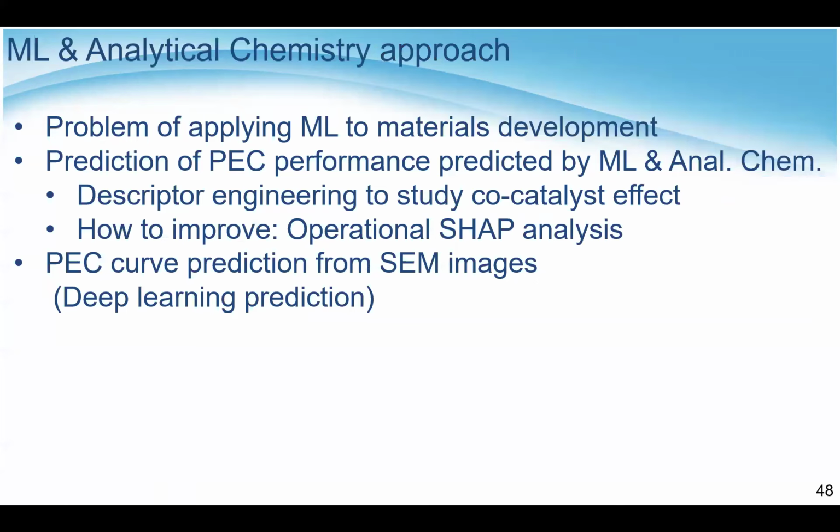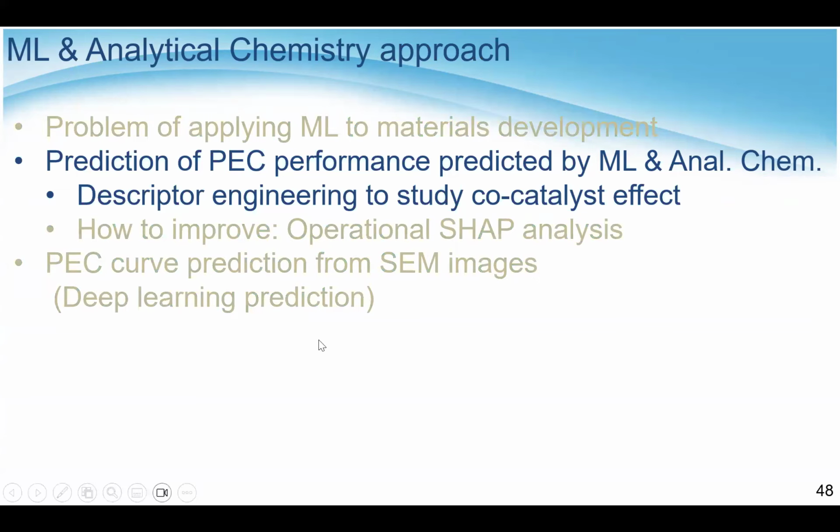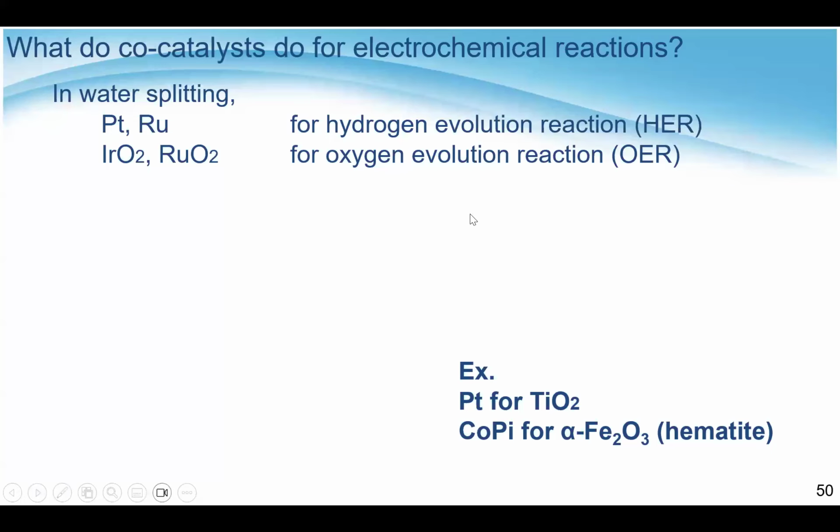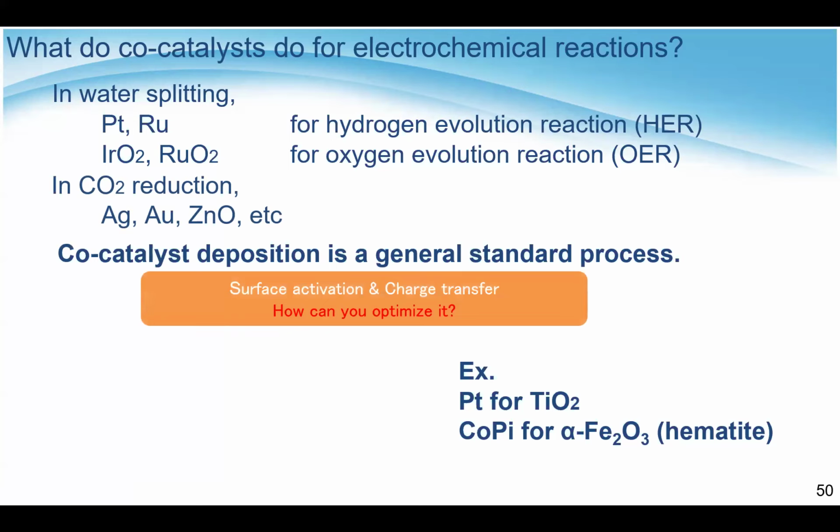Then let's move on to our recent studies and some examples. The first one is descriptor engineering to study the co-catalyst effect. In water splitting, platinum and ruthenium are used for HER, and some oxide materials are used for the oxygen evolution reaction, OER, and for the CO2 reaction, of course, some co-catalysts are used.